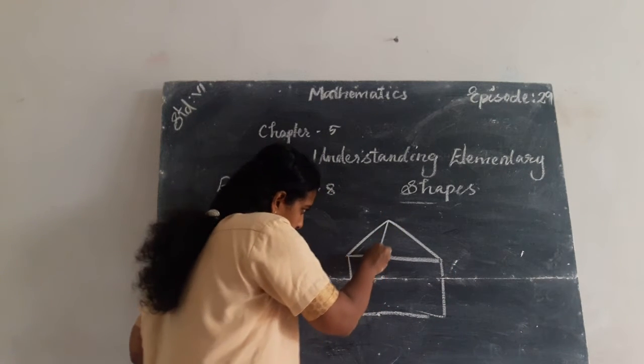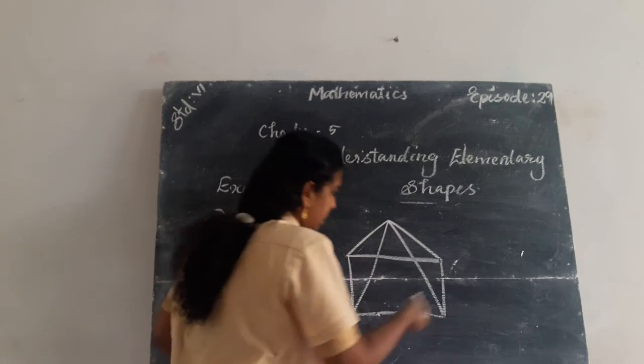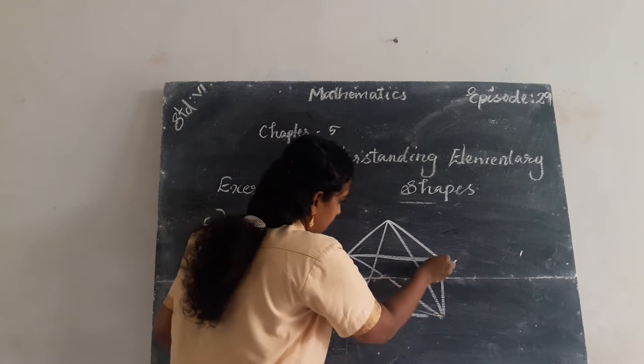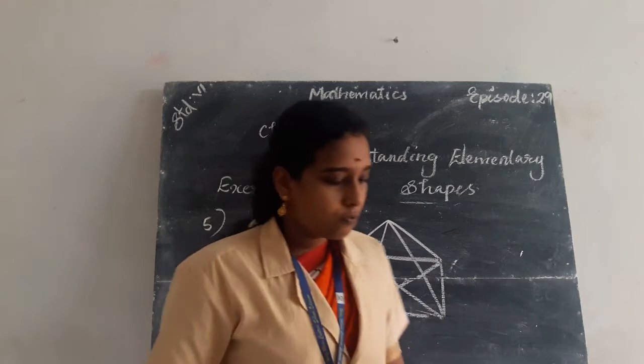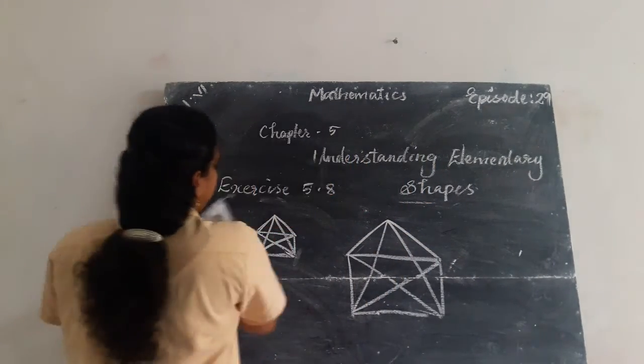Okay. Then these two vertices are joining. Then next diagonal is here. Then also we get a diagonal like this. So this is the answer of the 5th question in our exercise 5.8.